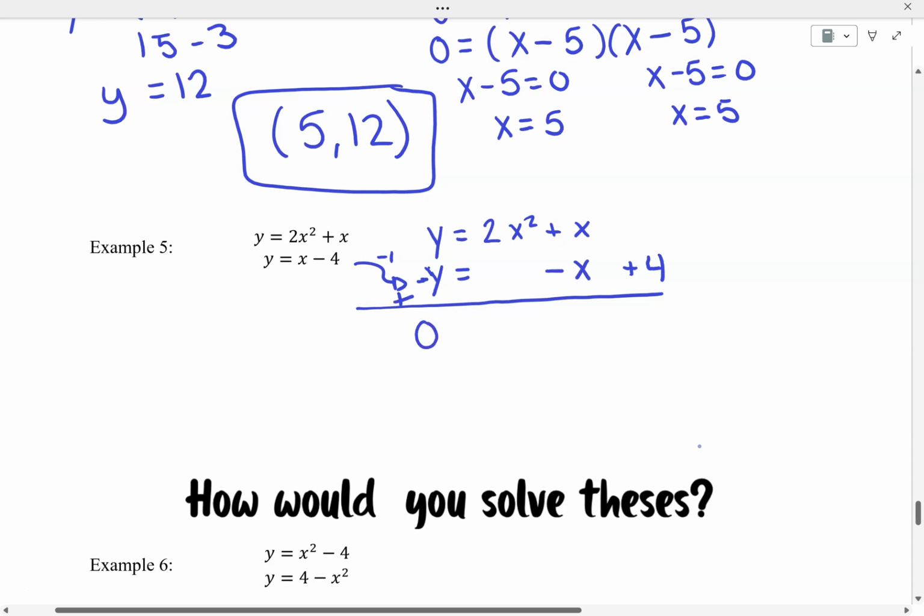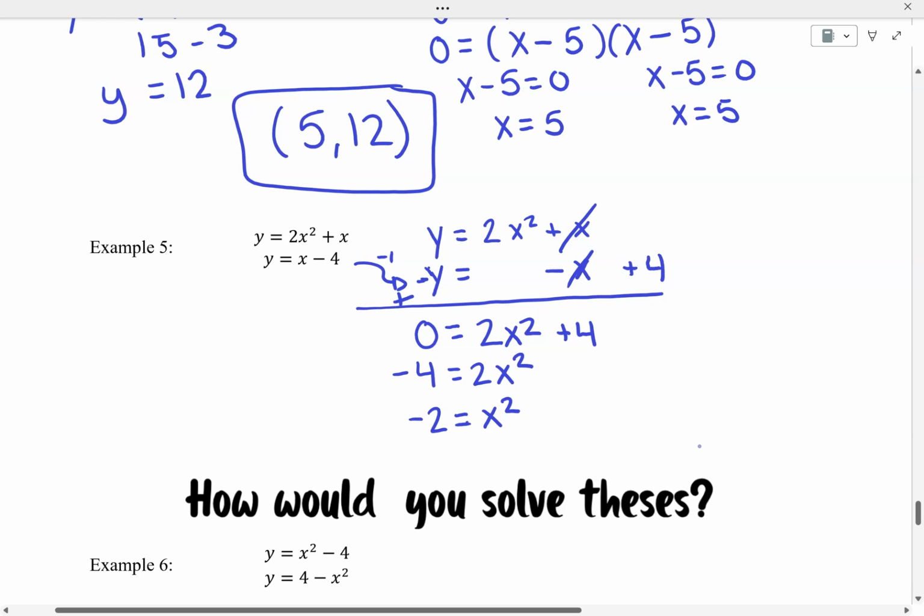We add, we get a 0. 2x squared, well, this is cool. Those cancel, and then plus 4. Okay, so because we don't have an x term, we can just solve this. So we're going to subtract 4. So 0 minus 4 is a negative 4. Divide by 2, we get a negative 2.